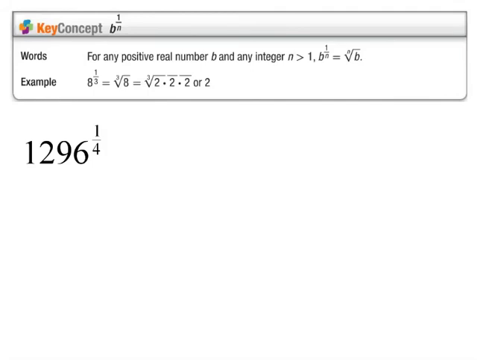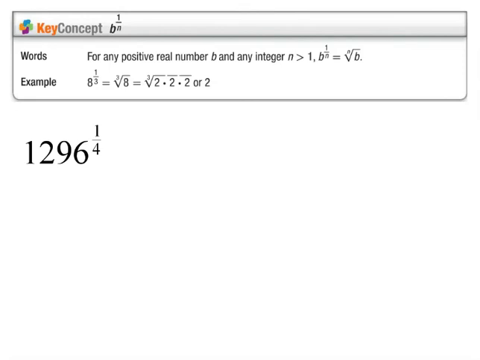Alrighty, so real quick, we're going to get started on this, and then we'll probably call it good, and I'll let you work the rest of the time. This concept is b to the 1 over n power. So this is a fractional exponent. Remember, that's what we were talking about. It says for any positive real number b and any integer n greater than 1, b to the 1 over n equals the nth root of b.